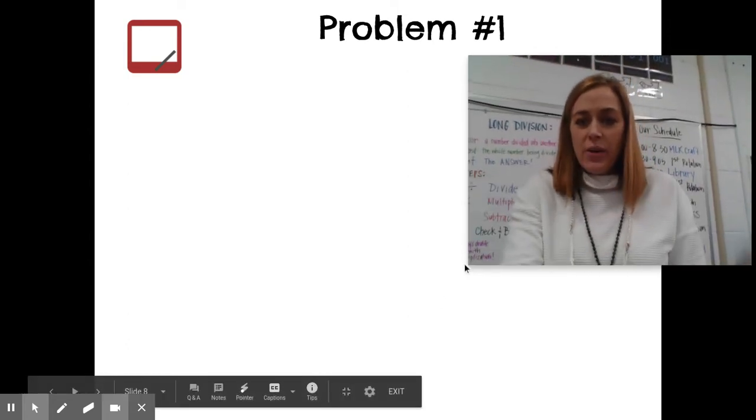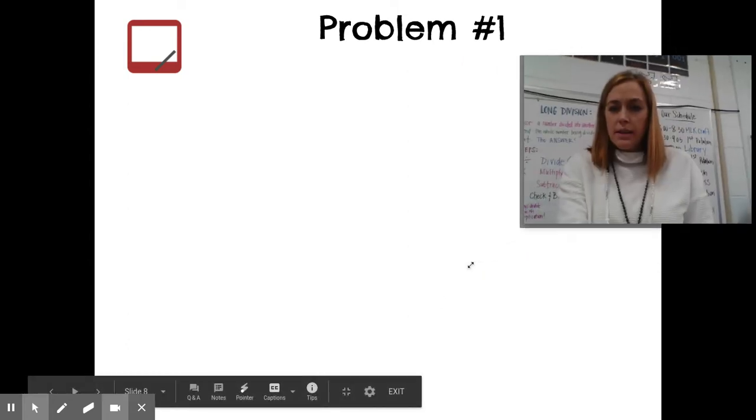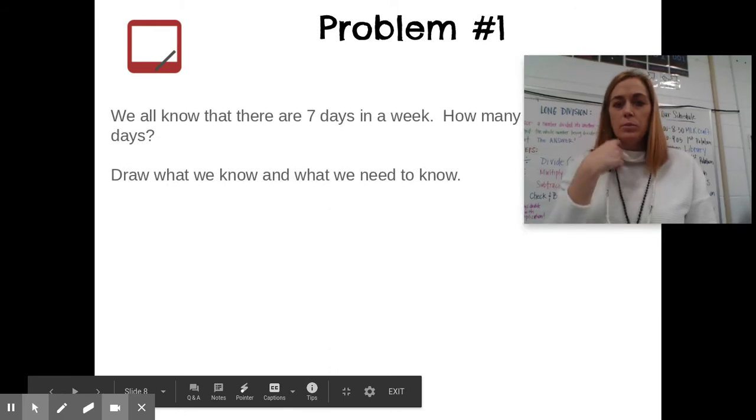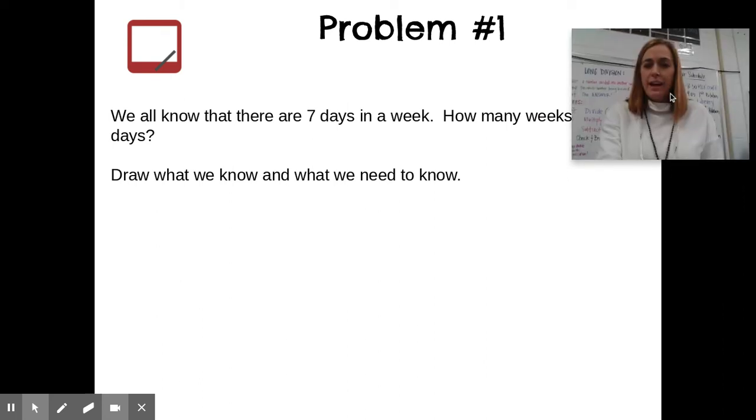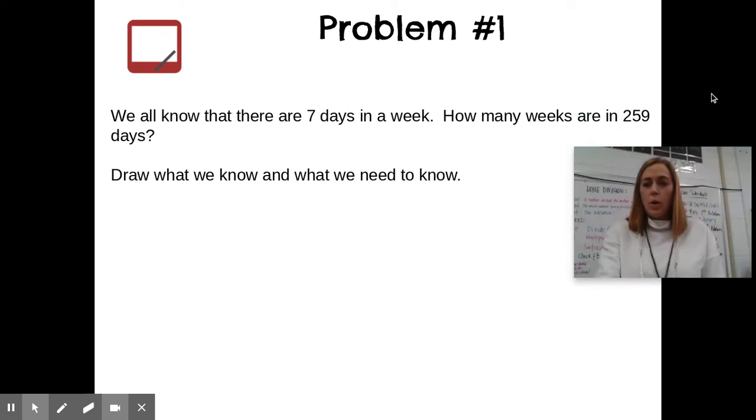All right, so let's go ahead. I'm going to shrink myself a little bit, and then we're going to take a look at problem 1 together. Now, if you are at home, remember you should have a scratch piece of paper or a whiteboard or some way to solve these problems. So let's think about the first problem together. Remember, these are all word problems, so it's going to require you to use RDW.